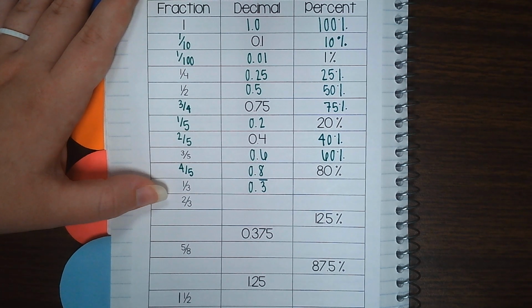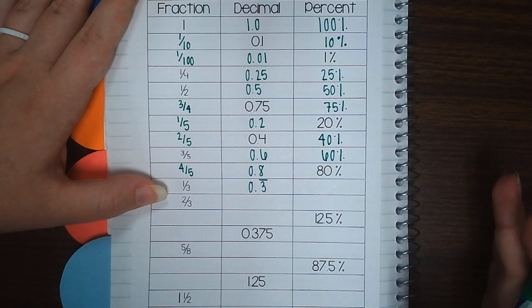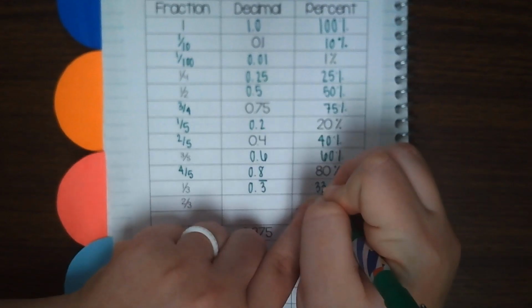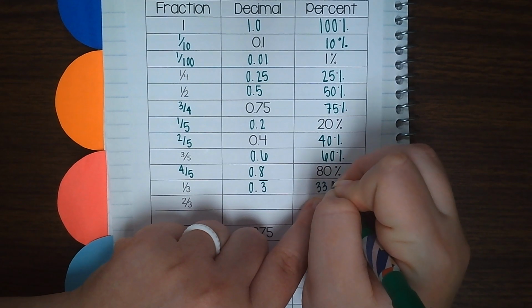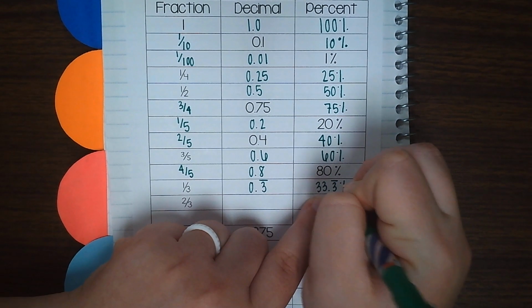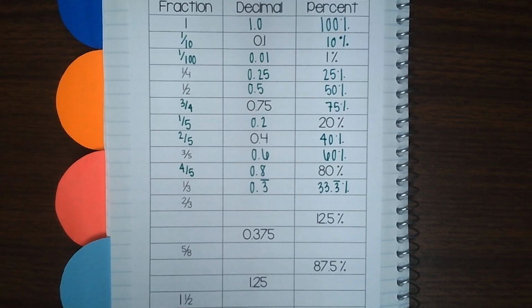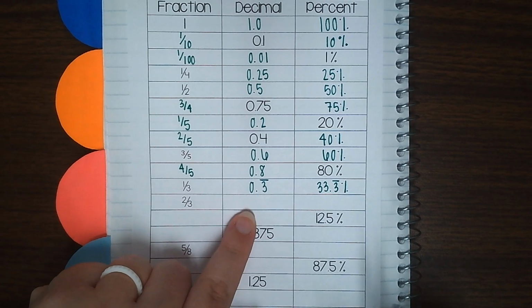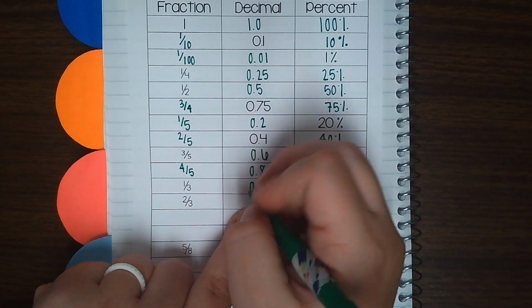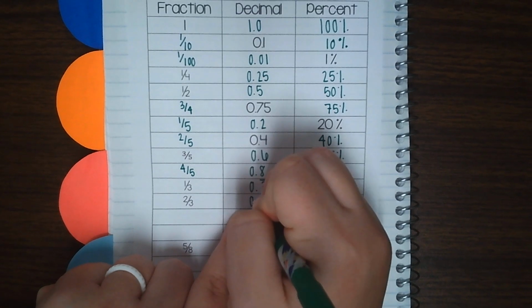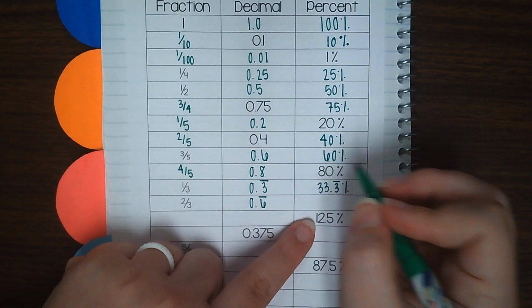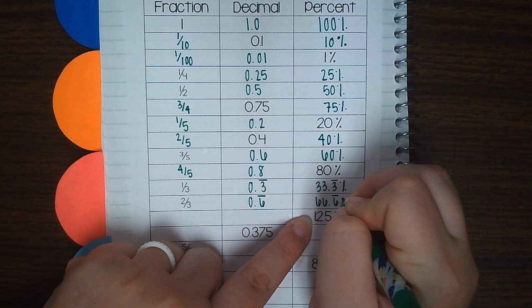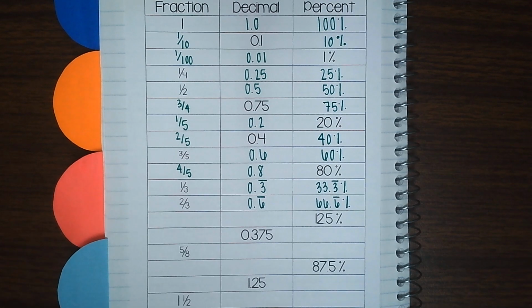So what happens as a percent it becomes 33.3 repeating percent. 2/3 is the same, except it's 6 repeating. So 0.6 repeating and 66.6 repeating percent.